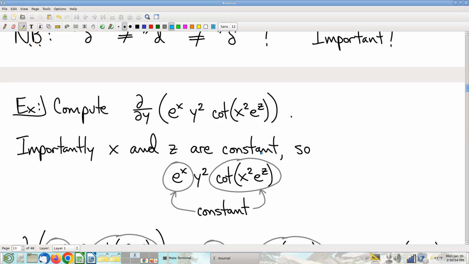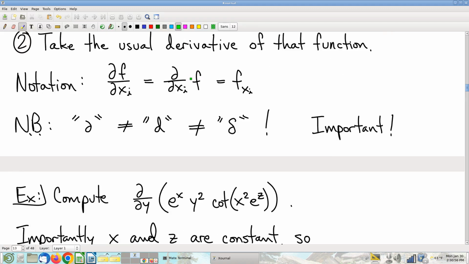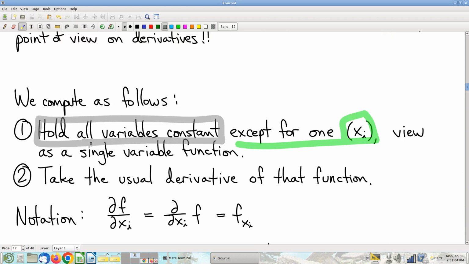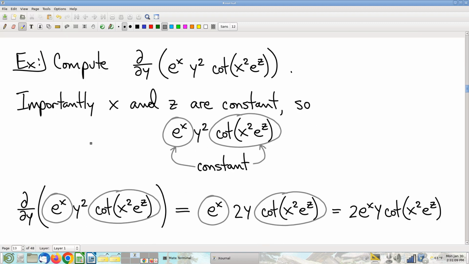So this could take a lot of space, one might worry. But remember, you're going to hold all the variables constant except for one. All of the other variables are constants. Right? So when we're saying that we're taking the partial here with respect to y, that means that y is a variable.